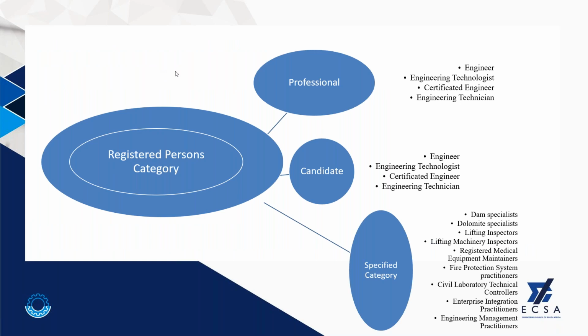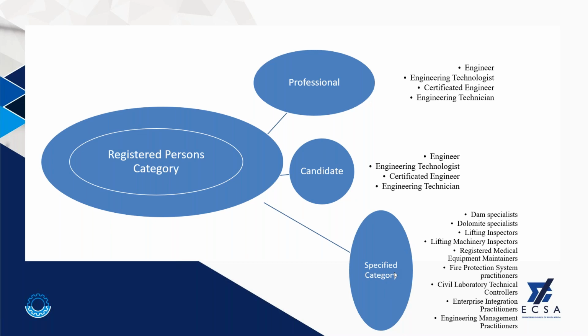What you see here, it's pretty much similar to the previous slide. These are registered persons categories: professionals, candidates, as well as specified categories.